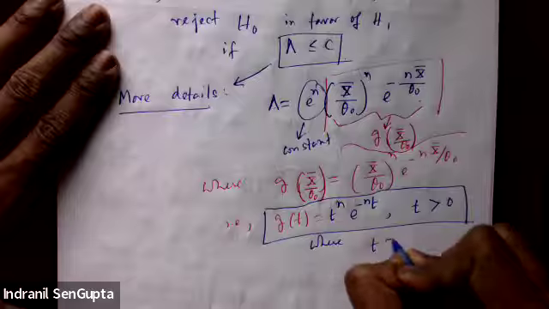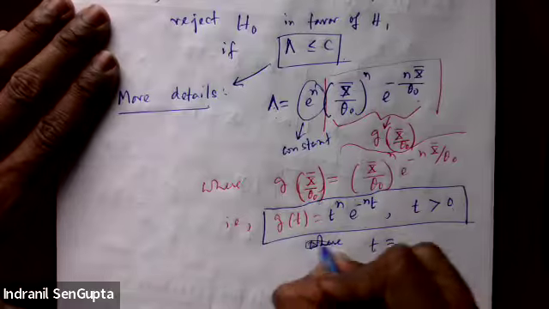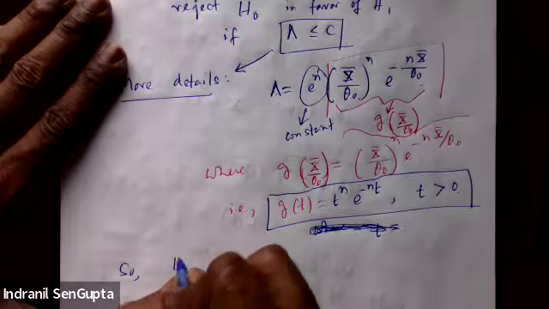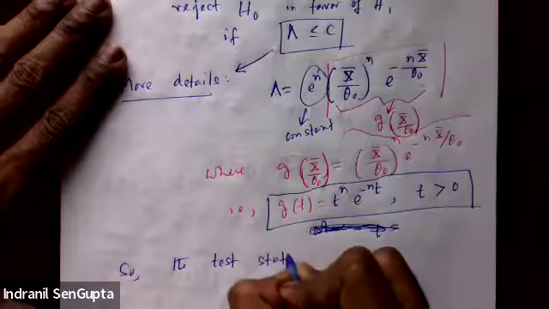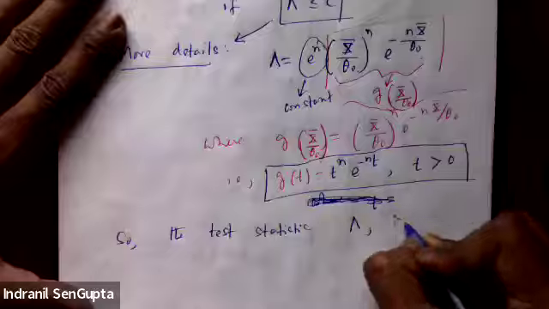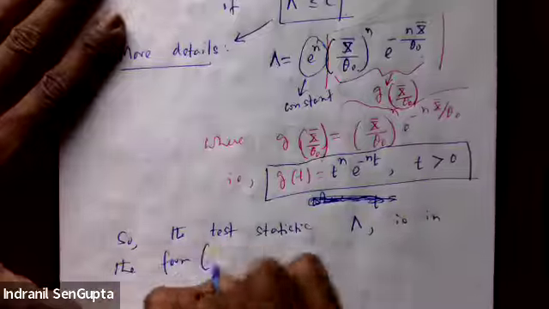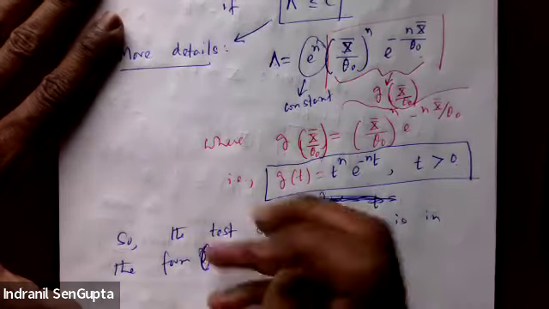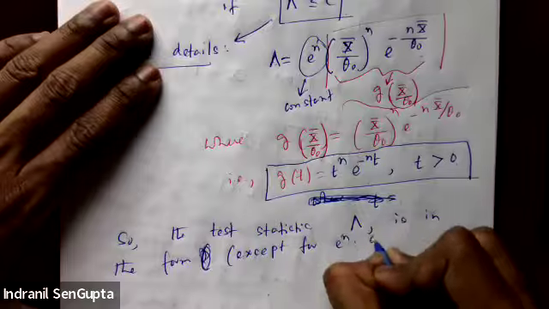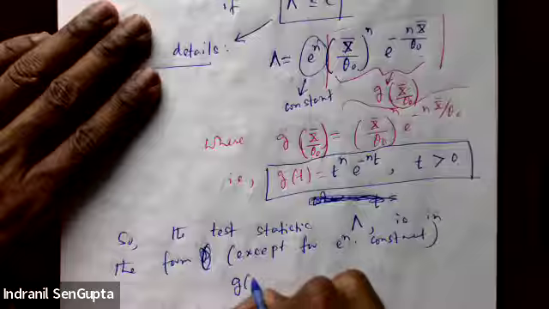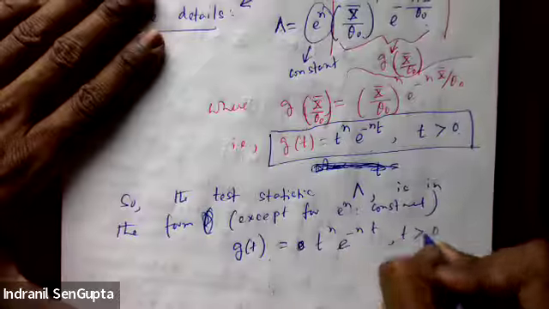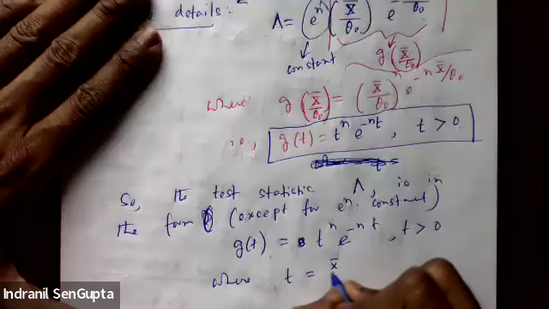So the test statistic lambda is in the form of g of t, except for the constant e to the n, where t is x bar over theta 0.